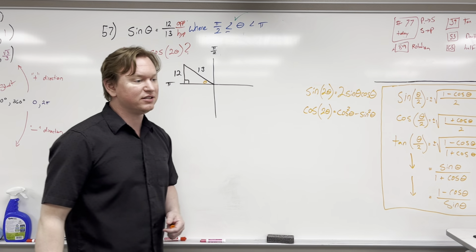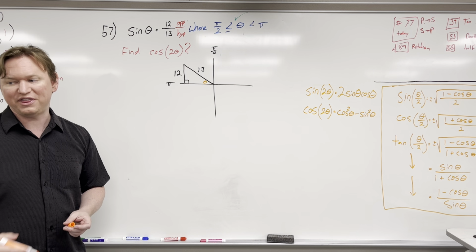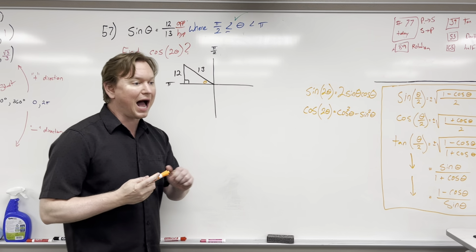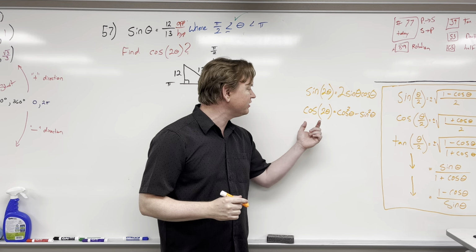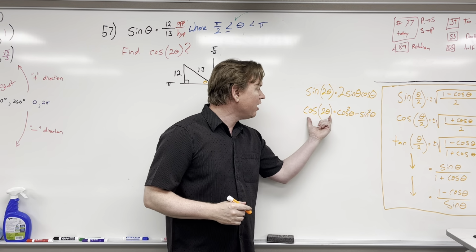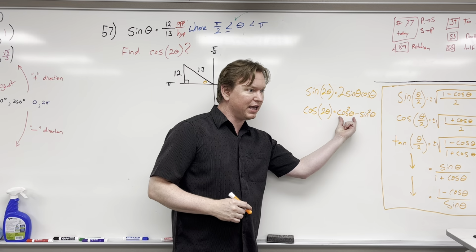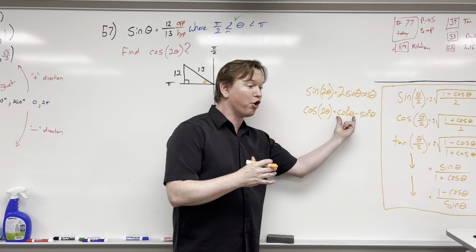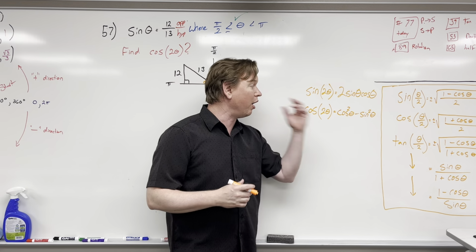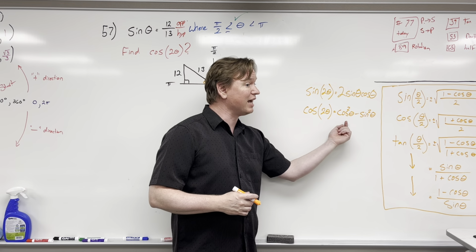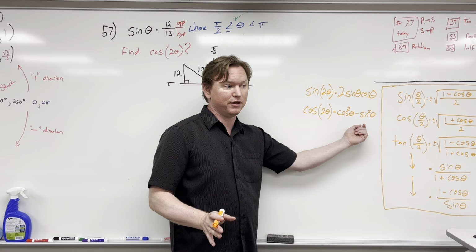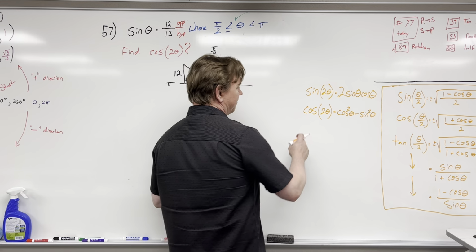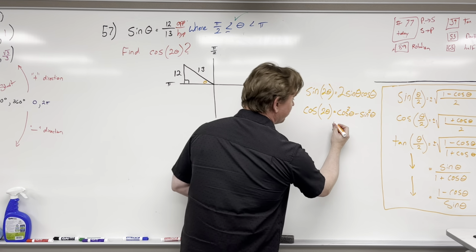It looks very similar to the Pythagorean identity. This is how I always remember these: the cosine identity always has the trig of the identity, or the relative one, first, right after the equal sign. So you don't mix up and say sine squared minus cosine squared, because that's a different identity.